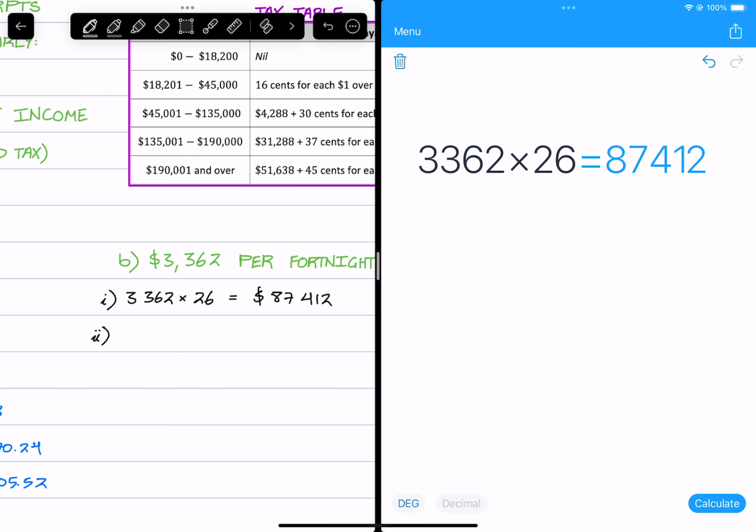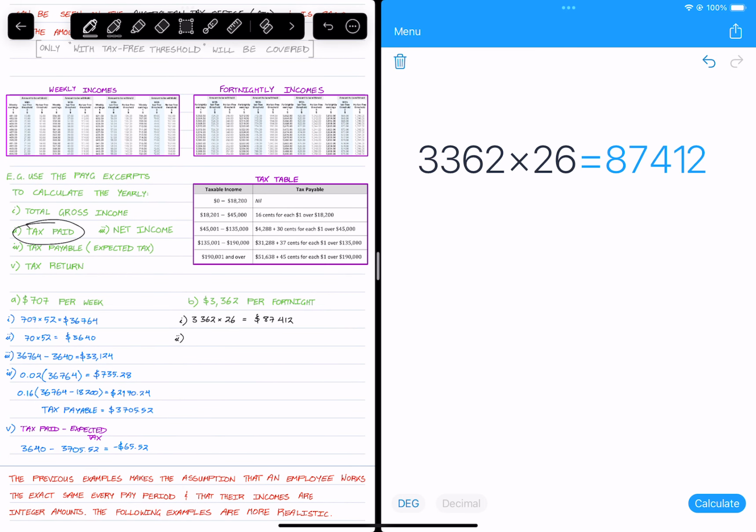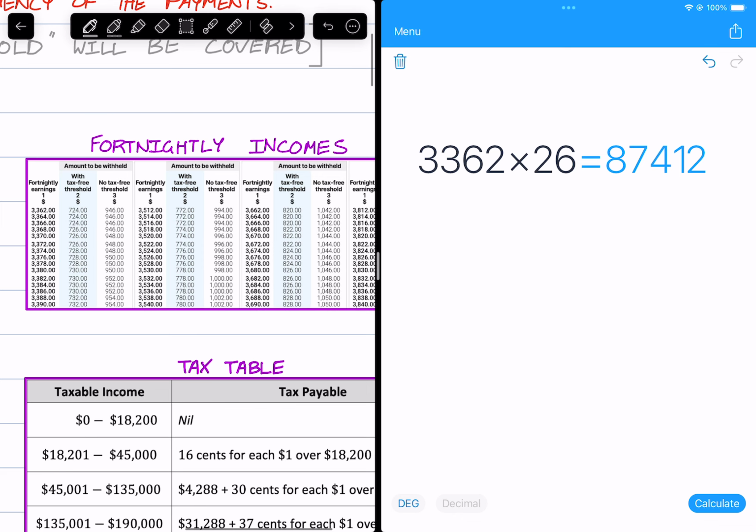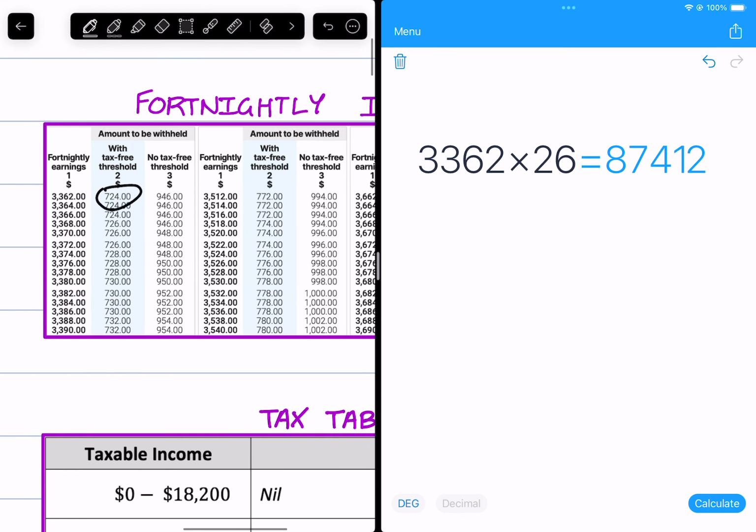For part two, we're now going to calculate how much tax this person has already paid. Once again, for this, we look at the fortnightly incomes of this PAYG table. For 3,362, it's $724 per fortnight taken out.